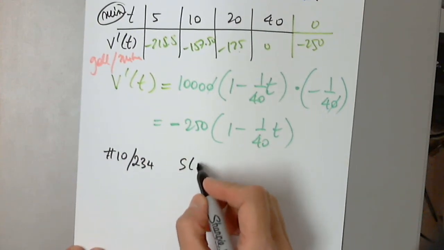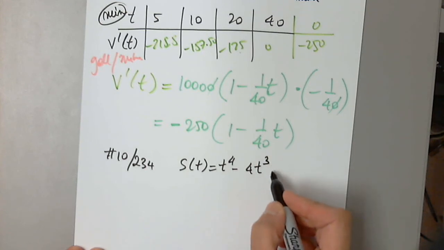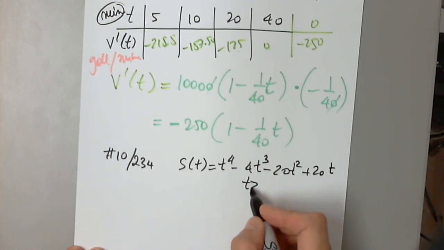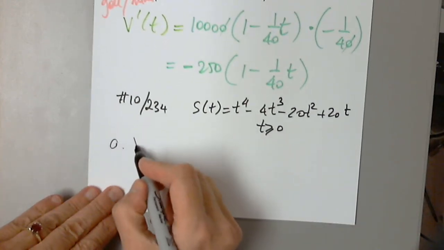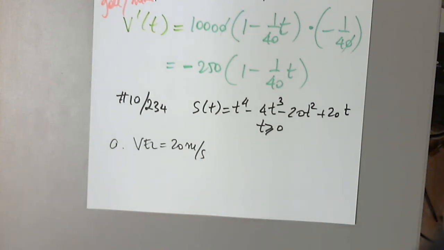So we are given s of t, which is t to the 4th minus 4t to the 3rd minus 20t squared plus 20t. Of course, t is greater than or equal to 0. At what time does the particle have a velocity of 20 meters per second? What do I have to find first?